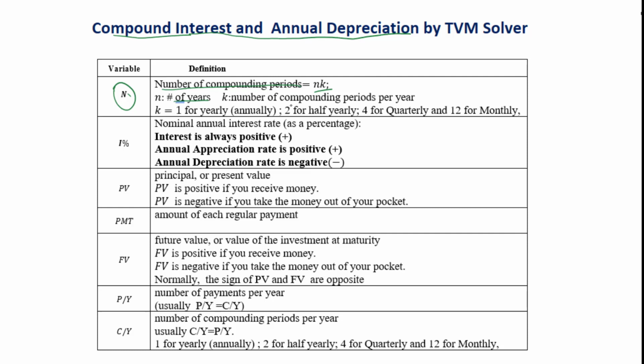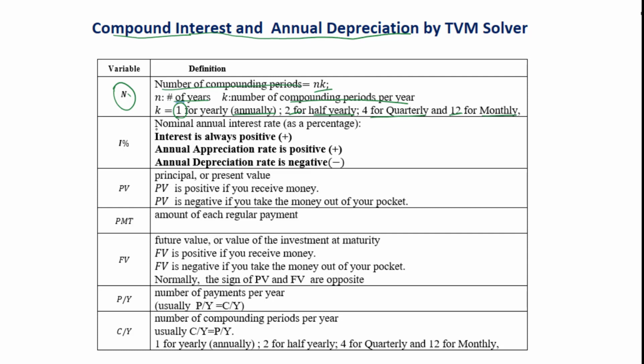K is the number of compounding periods per year. K equals 1 for yearly or annually compounded, 2 for half-yearly, 4 for quarterly, 12 for monthly.